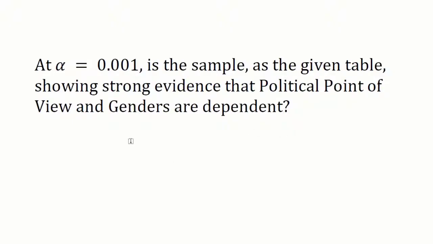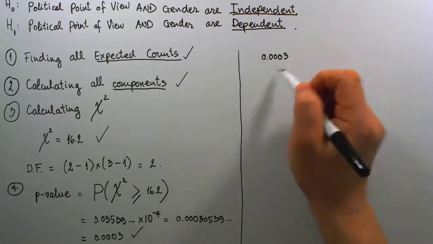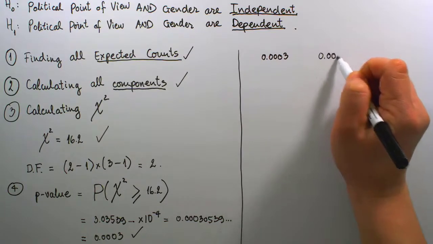So let's look back at the wording in the problem. It states significance level 0.001, and as a reminder, alpha is the symbol for significance level. So our final calculated p-value is to be compared with 0.001.